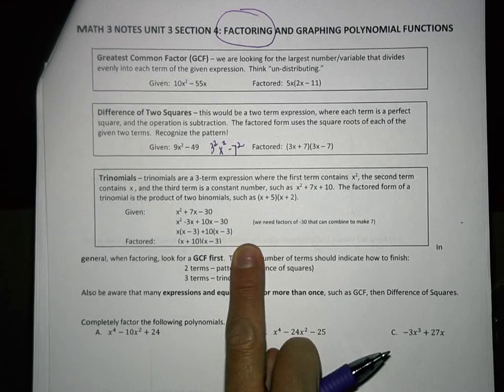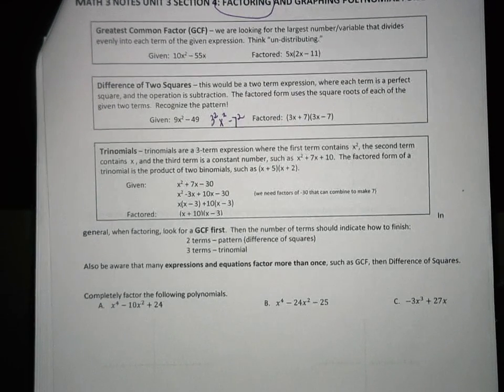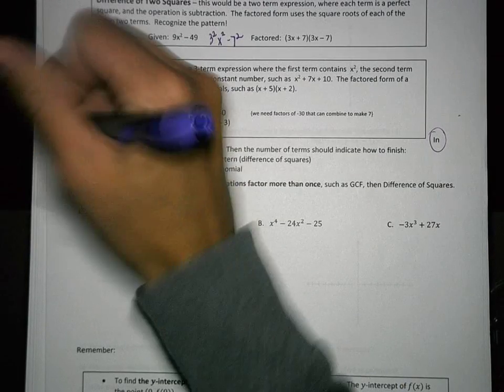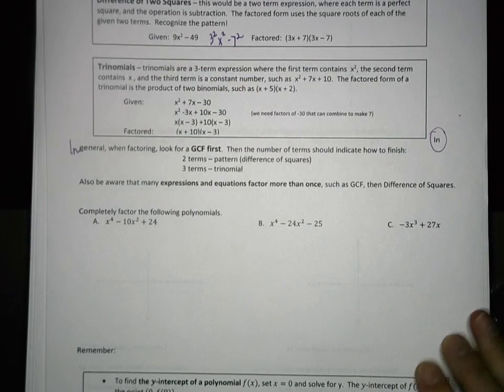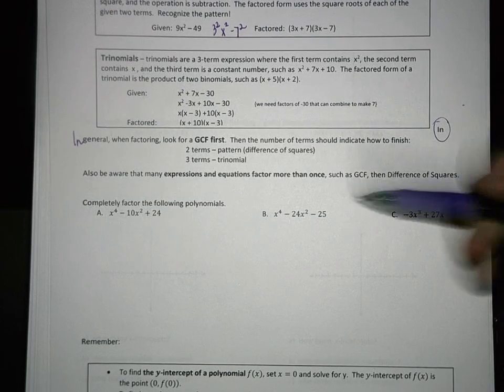Then you have your trinomials, which you can factor by grouping. This didn't print out right, but in general, when factoring, you always look for your GCF first, and then go from there.